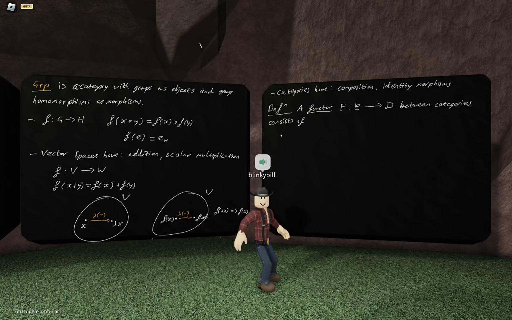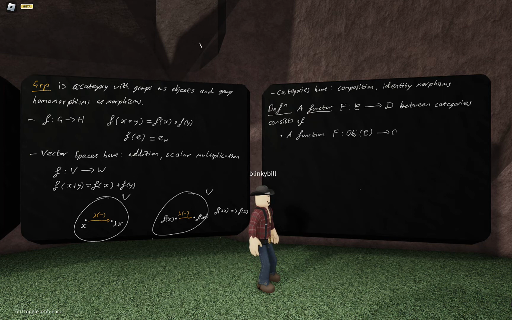And those two things are both denoted with F, so there's some kind of overloading of notation. You can think of F as a function from objects of C to objects of D. And so given an object x of C, there is an object which we can abstractly refer to as F of x.